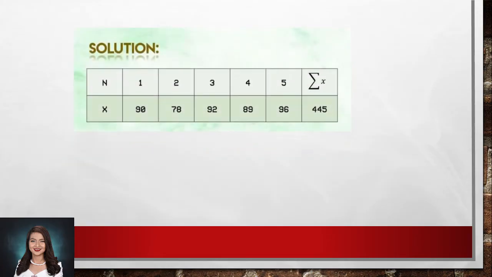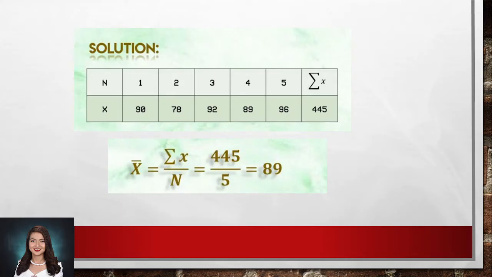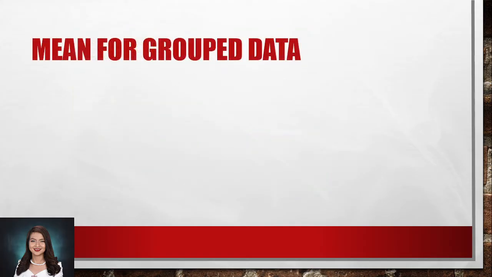So in those data, we're going to use the solution that we presented a while ago. Next, we're going to compute the summation of the data and we get 445, and we will divide it by 5 because that was the number of our data, and 445 divided by 5, we get 89. So that is our mean for ungrouped data.